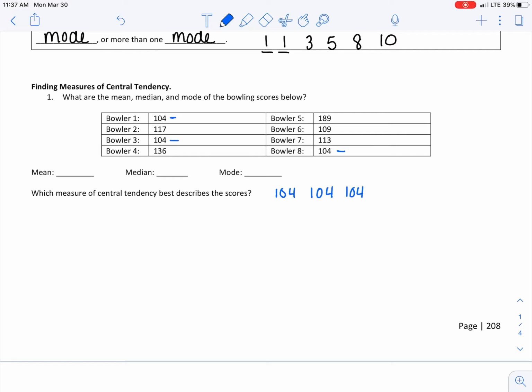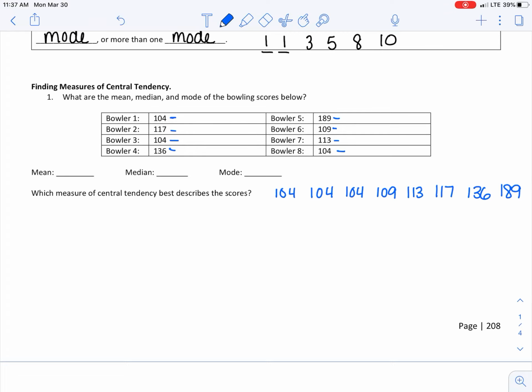Our next smallest number is 109. Then we have 113. Then 117. 136. And 189.